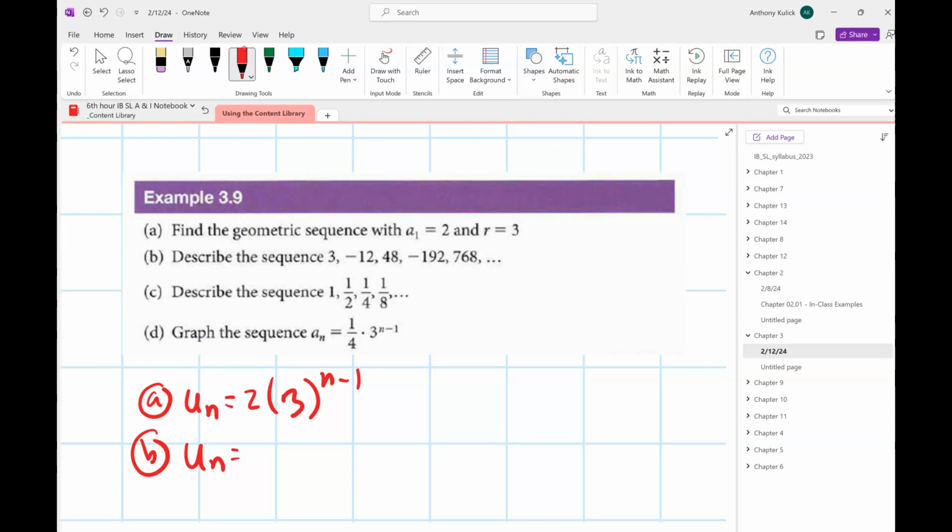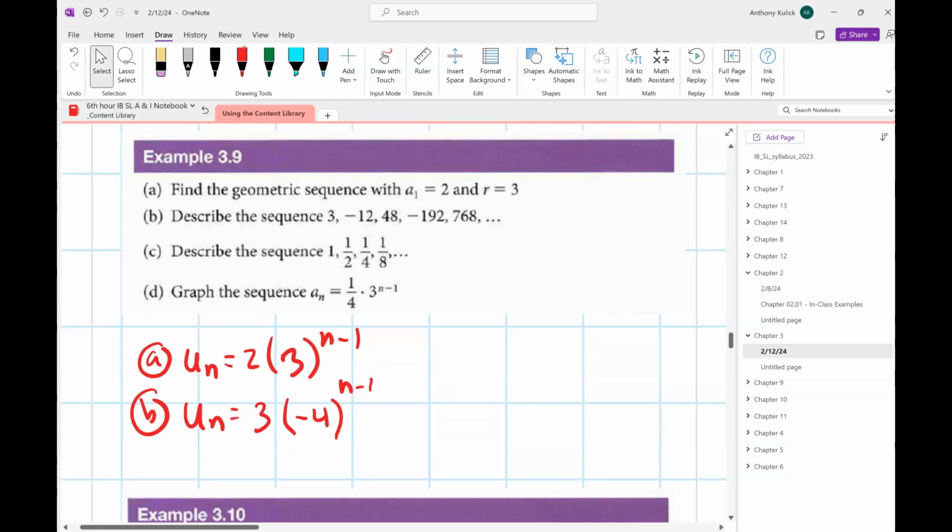So what's the common ratio for part B? -4. What's the first term? I think that's probably what they're looking for. Or you could say it's a geometric sequence with common ratio of -4 and first term of 3.